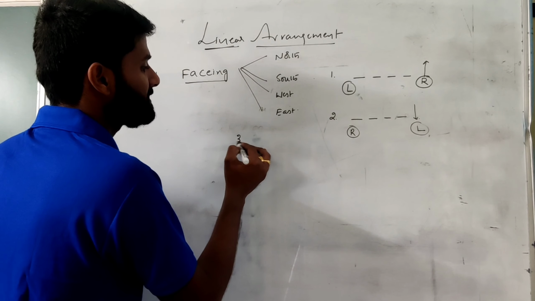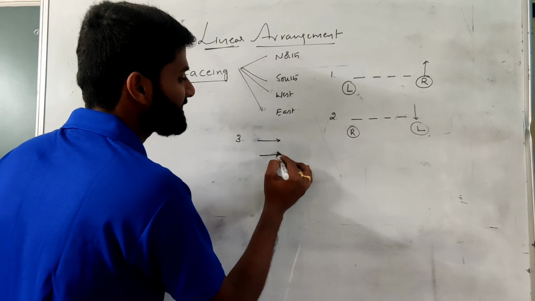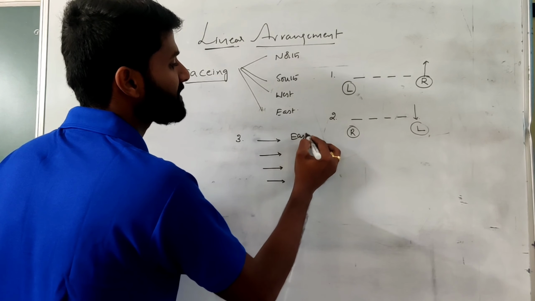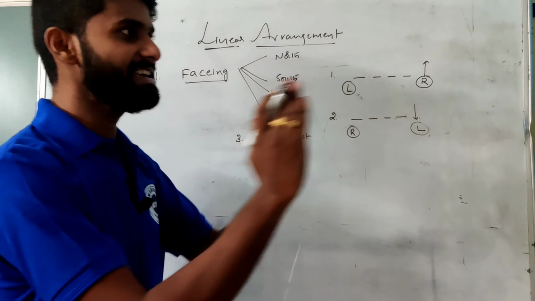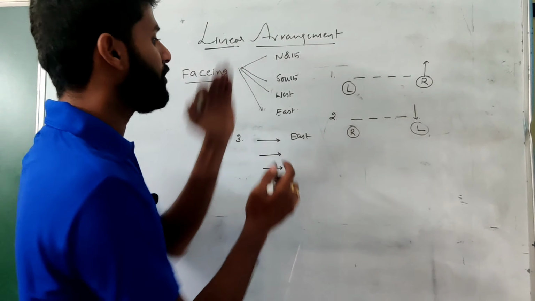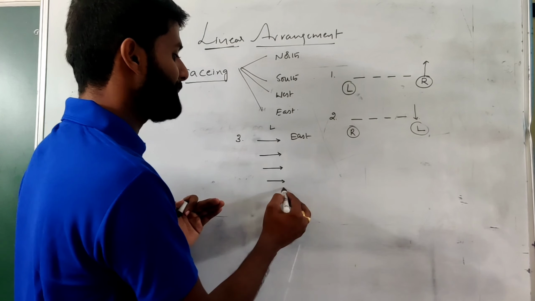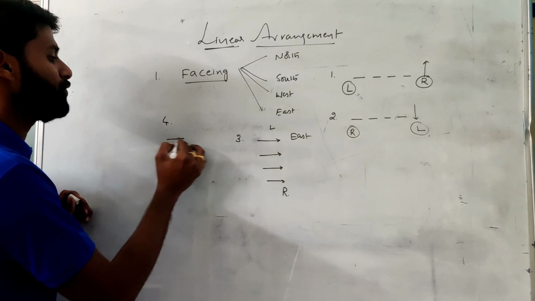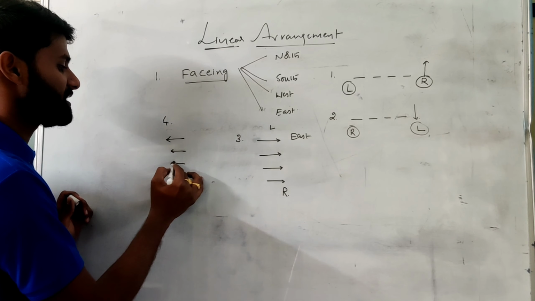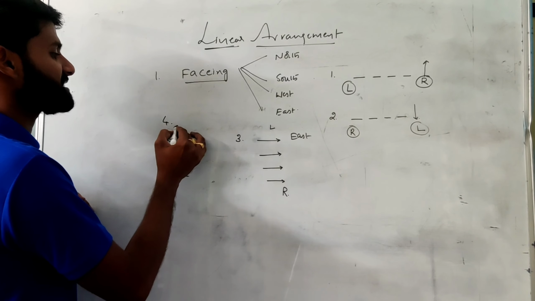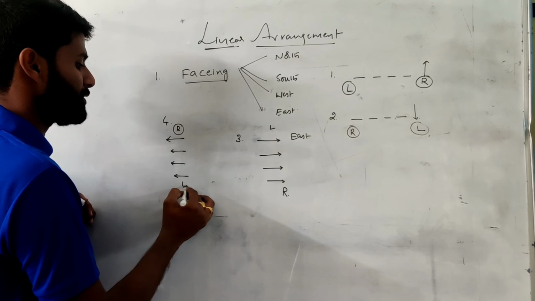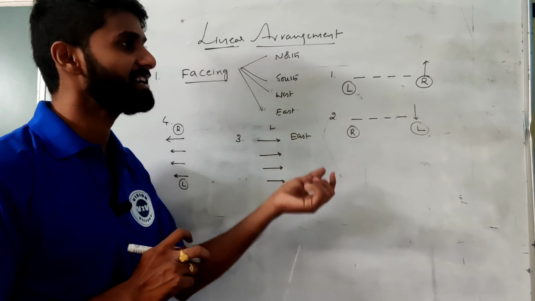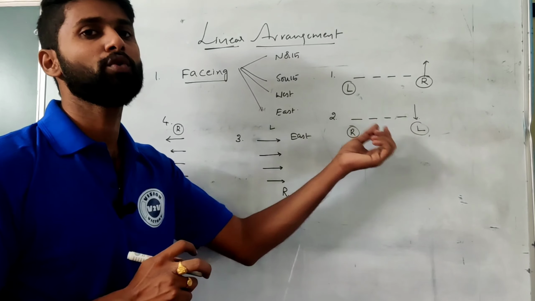Then the persons facing east direction. For example, this is the facing of east. If I am facing east, above people are the left side and below people are the right side. Same for the persons facing west: above people are the right side and below people are the left side. So first of all, we need to check which direction the people are facing.